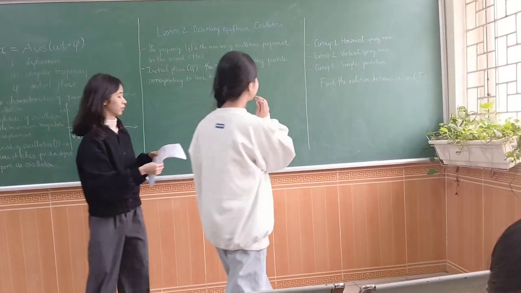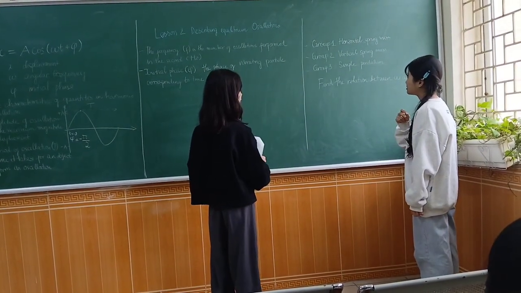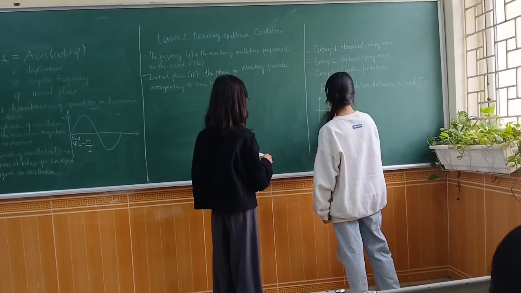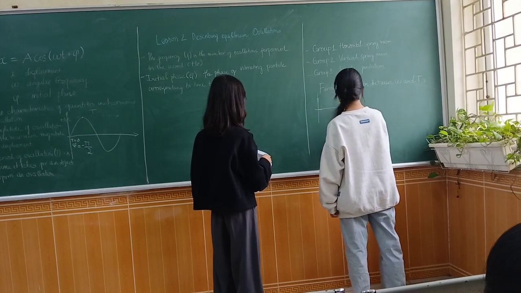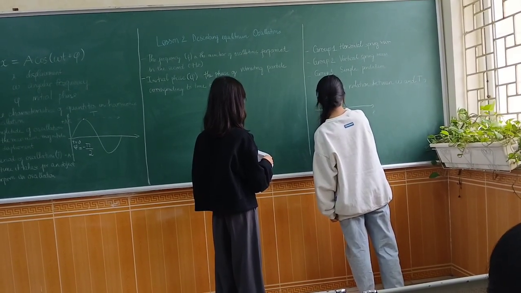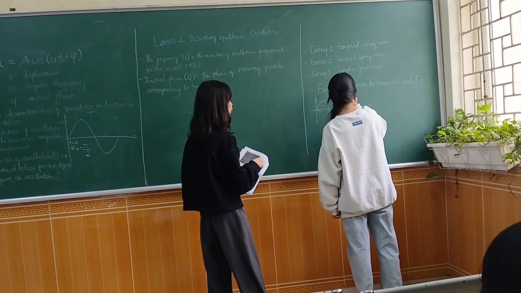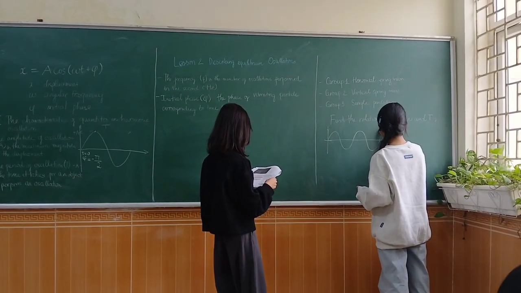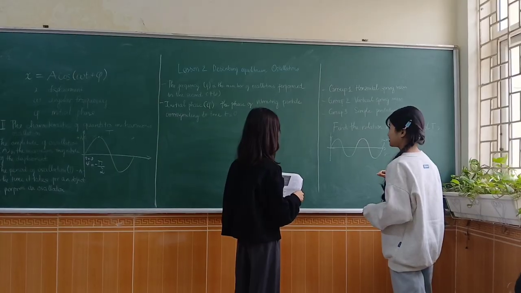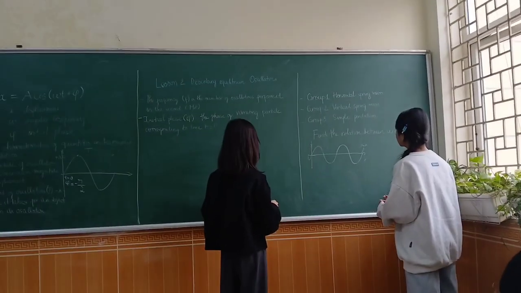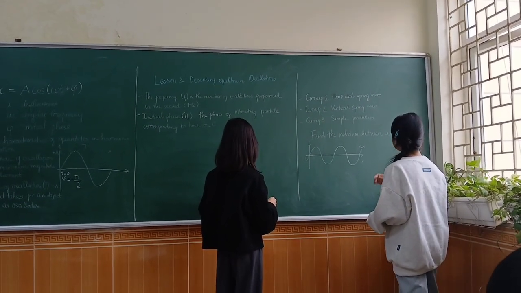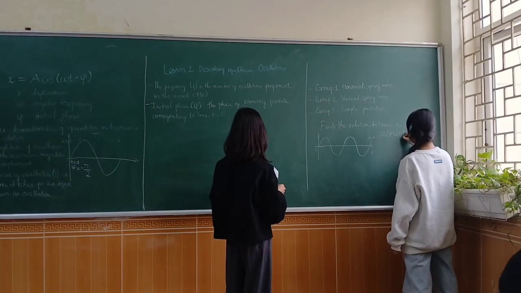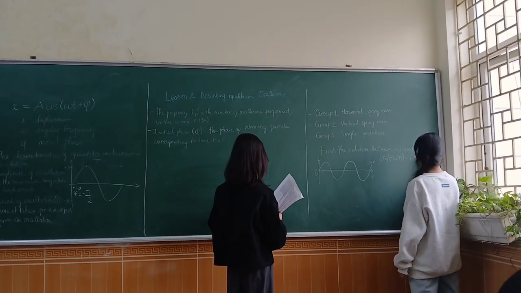We have that cosine is a periodic function, so the cosine of the angle theta plus 2 pi is equal to the cosine of theta.